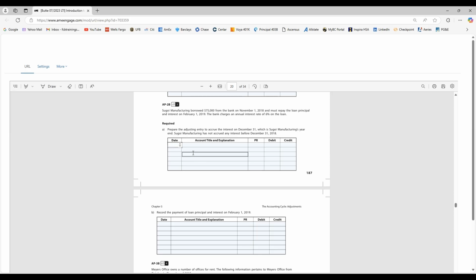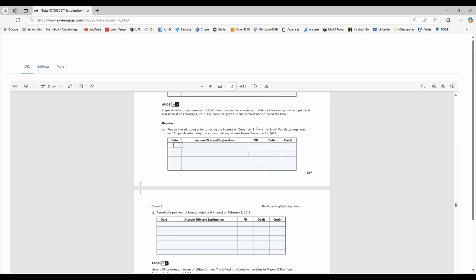So the thing we need to do is take the 75,000 and multiply that by 6%, which gives us annual interest, and in this instance, that would be for a full year. But we don't want the full year's worth. At December 31st, we just want November and December, the 2 months leading up to the end of the year.